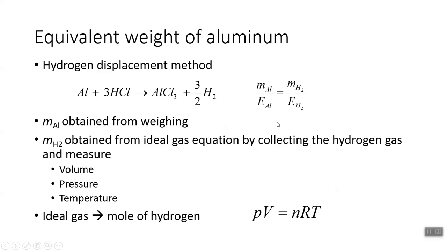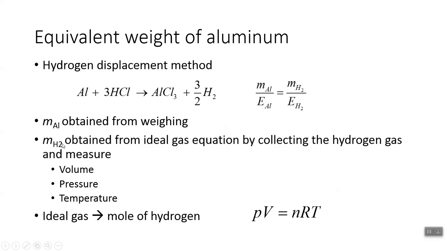So from the law of equivalent proportion, Ma over Ea equals the mass of hydrogen over the equivalent weight of hydrogen, we can obtain the equivalent weight of aluminum by measuring the mass of the hydrogen released.